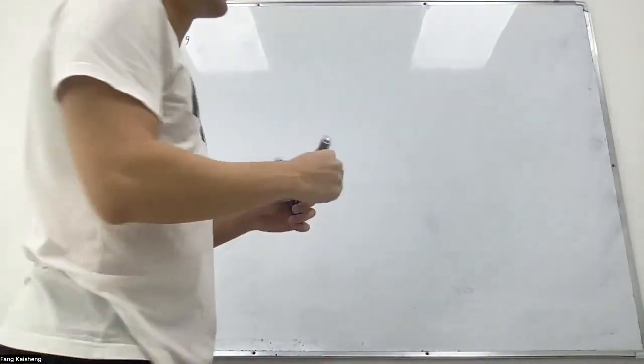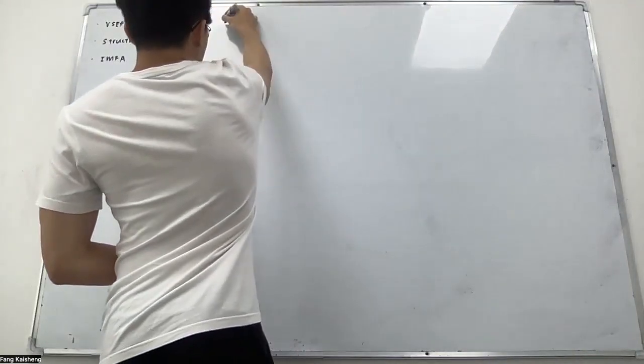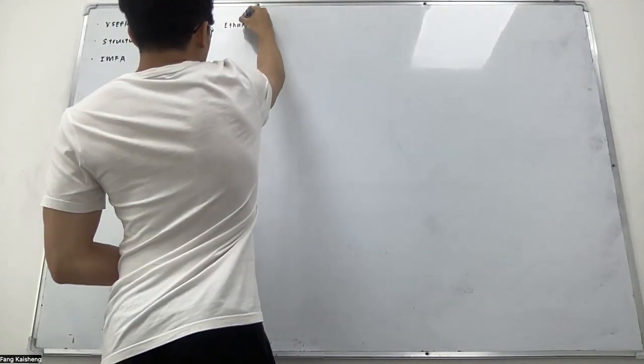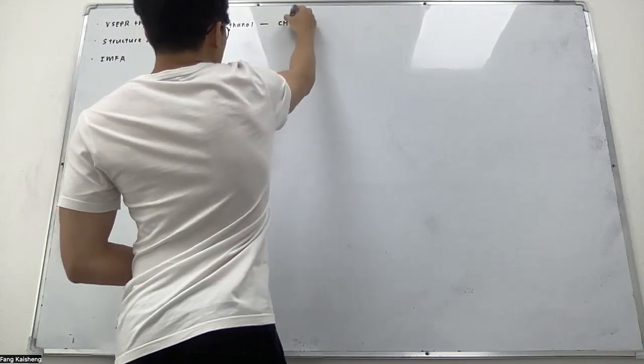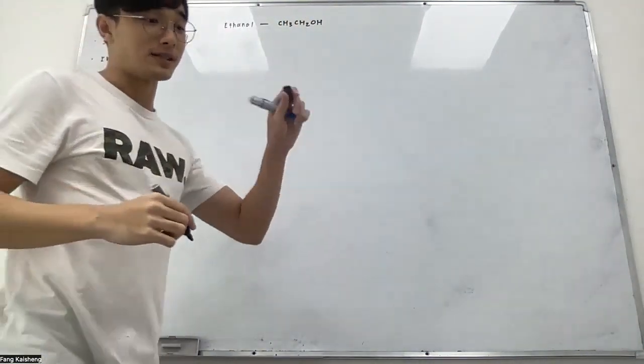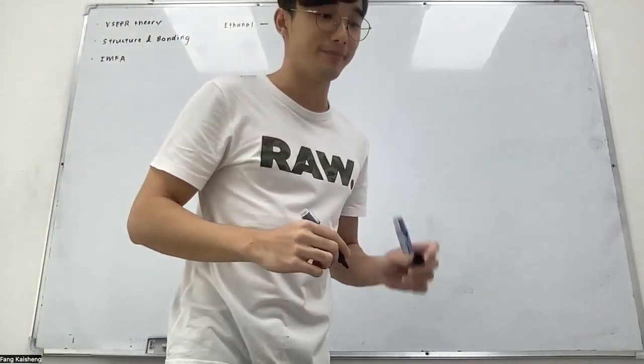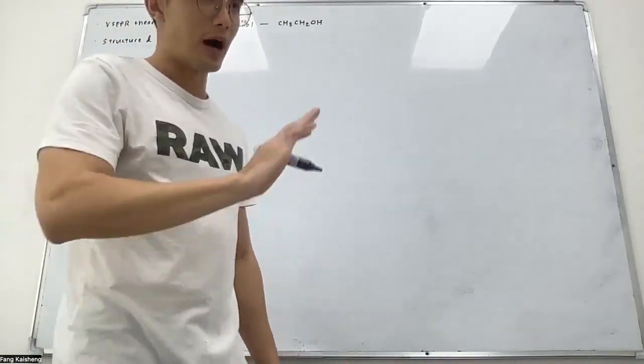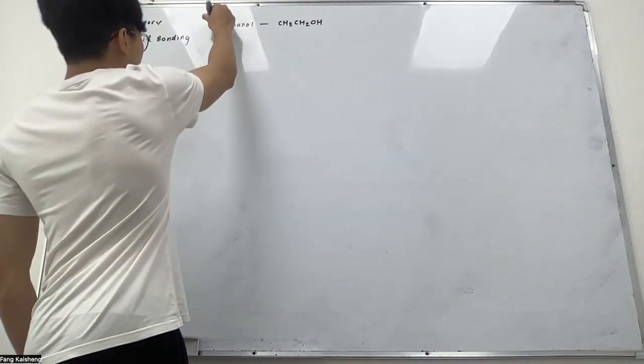Perhaps I just tell you one thing first, because you haven't learned organic chemistry yet. Ethanol is CH3CH2OH. Write it down first because it's the question in part 1. There are other things I'll tell you later.